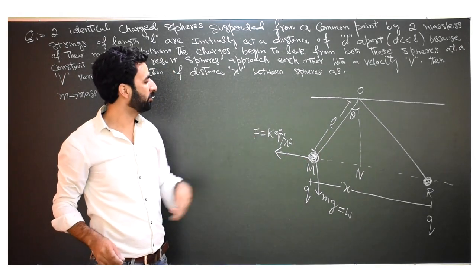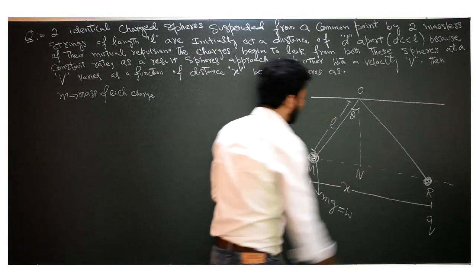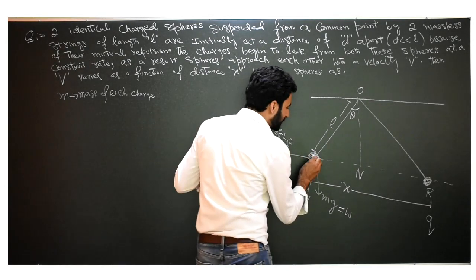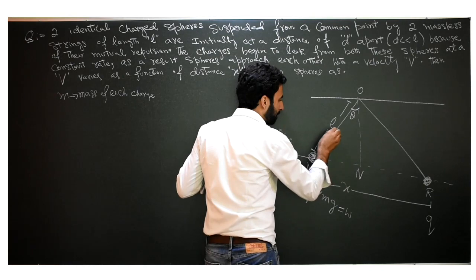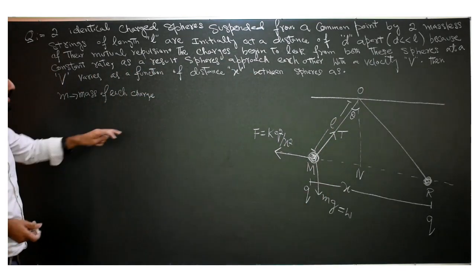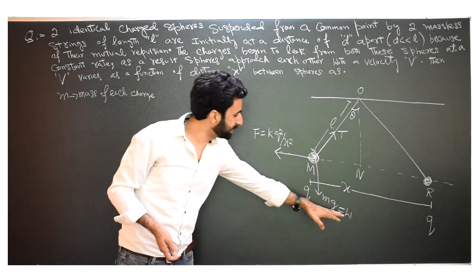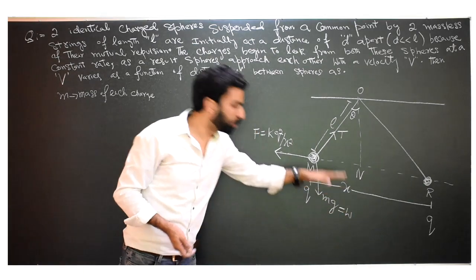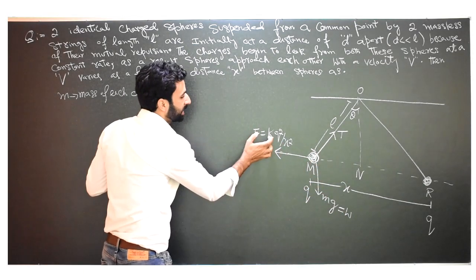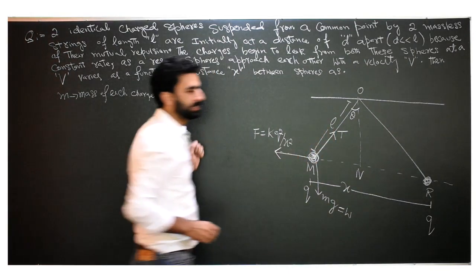Also there will be tension in the string in this direction, T. So the forces acting on this charge are mg, the weight acting vertically downwards, the electrostatic force of repulsion, K Q squared by x squared, and the tension in the string, T.